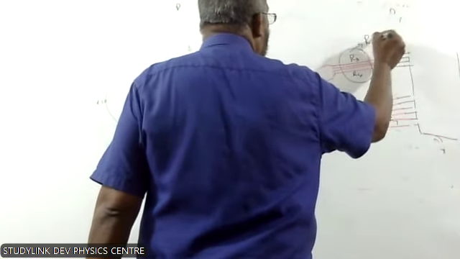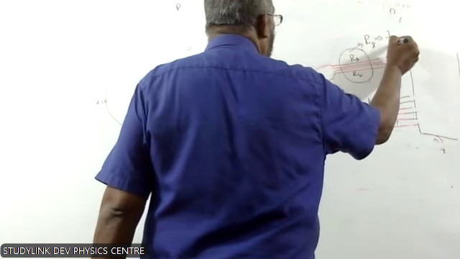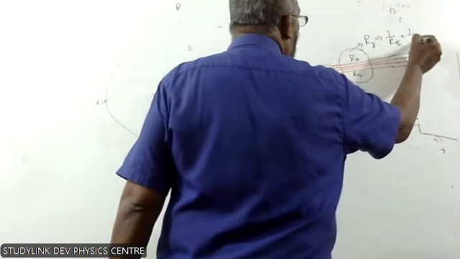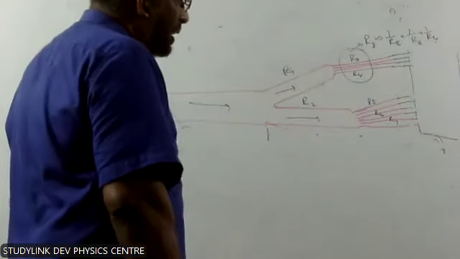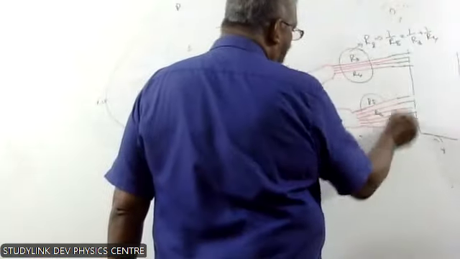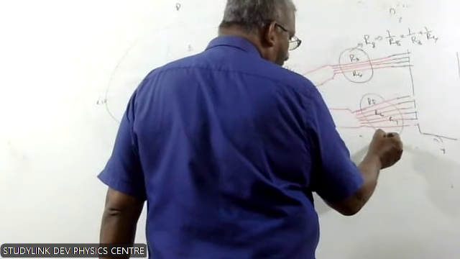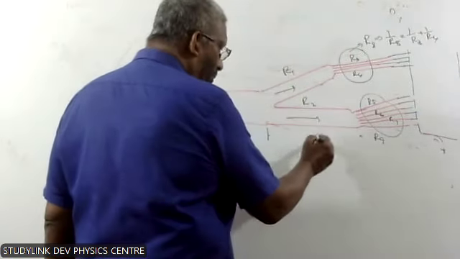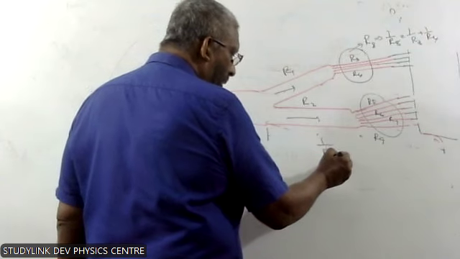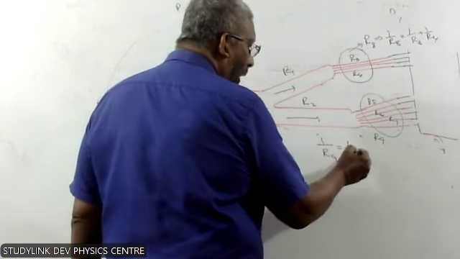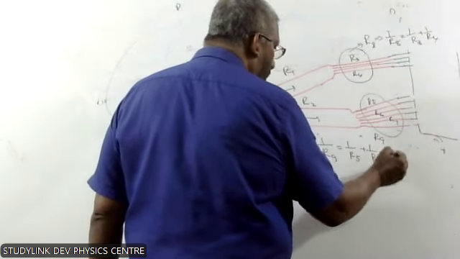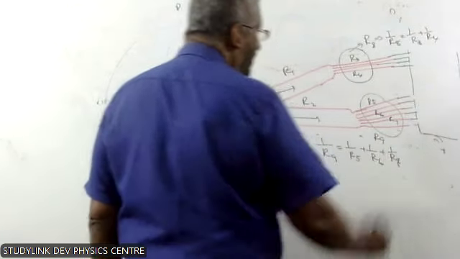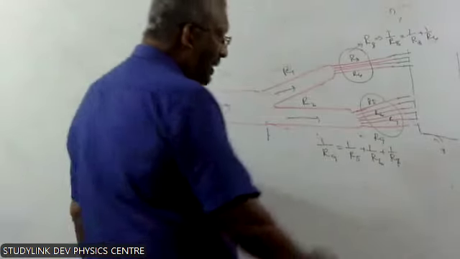So R8 can be found using 1 over R8 is equal to 1 over R3 plus 1 over R4. If you consider this as R9, everything together, then you can use 1 over R9 is equal to 1 over R5 plus 1 over R6 plus 1 over R7. Understood?